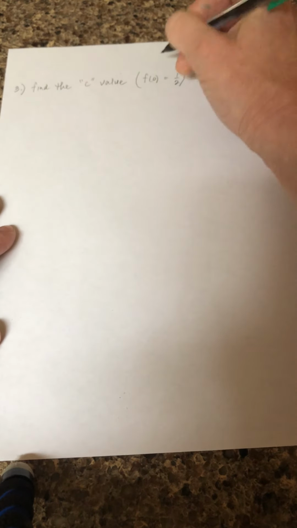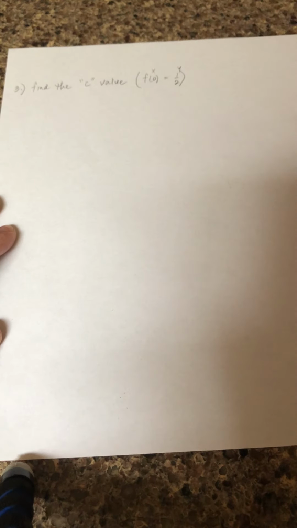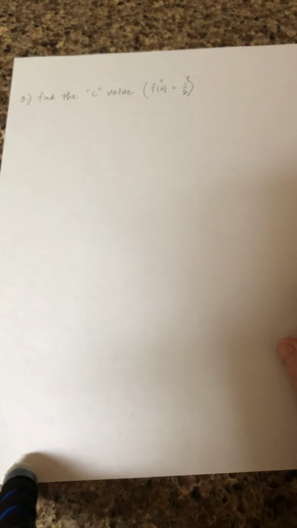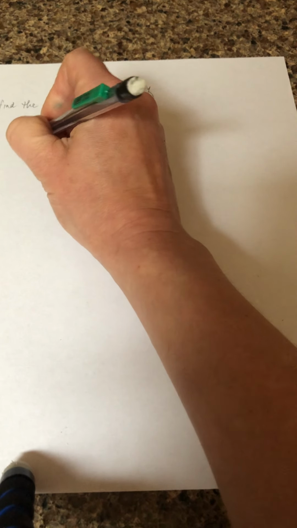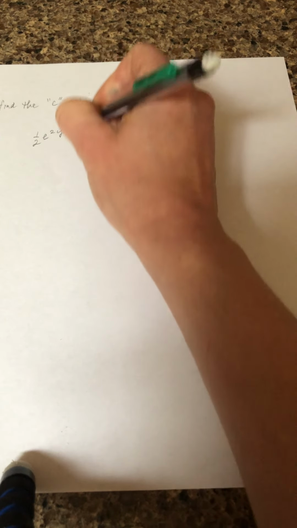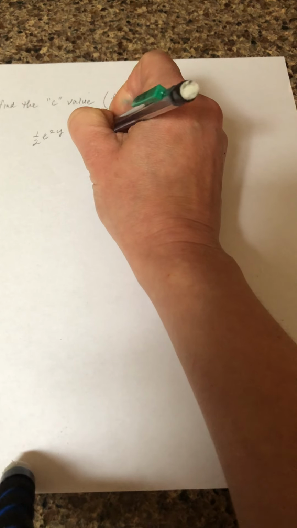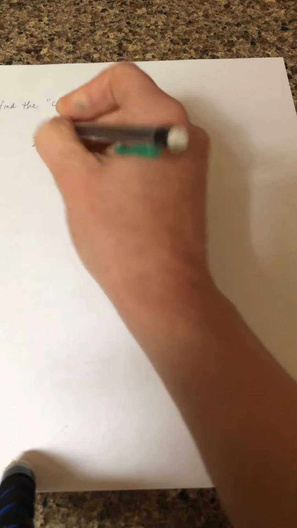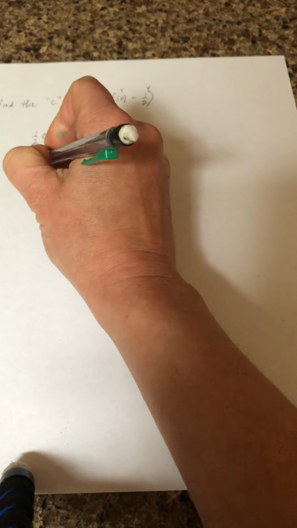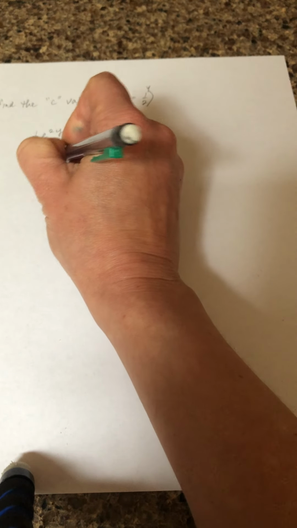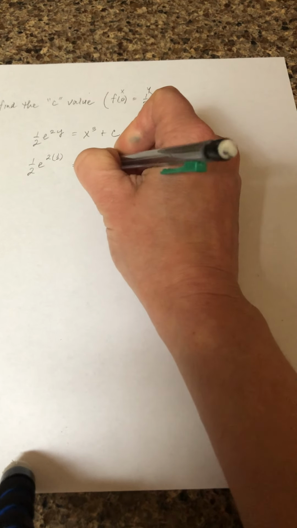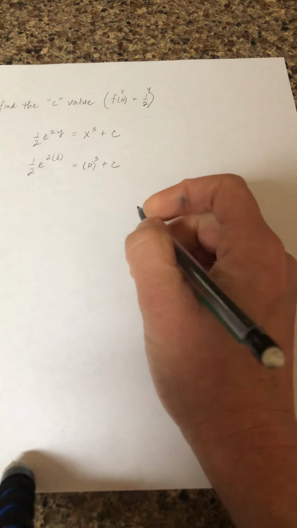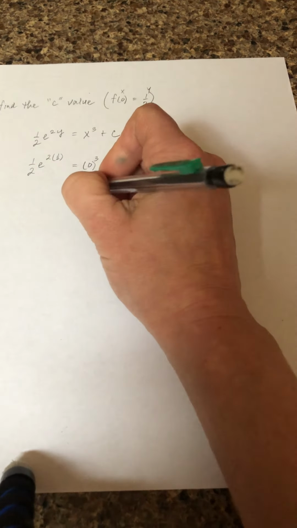So this is our x, this is our y. All right, so we have 1/2 e to the 2y equals x cubed plus c. So 1/2 e to the 2 times our y value, which is 1/2, equals, our x value is 0.